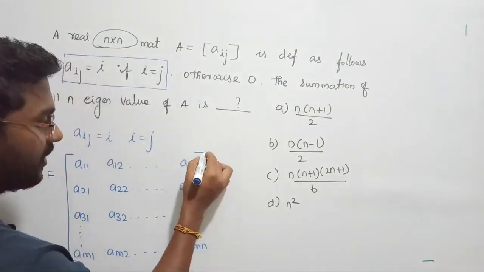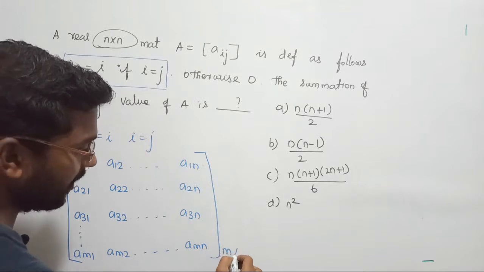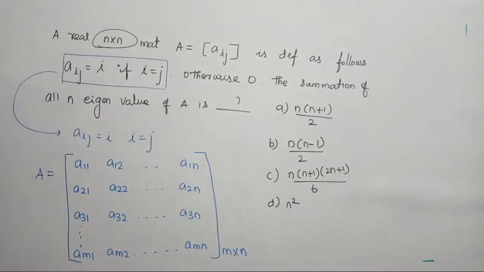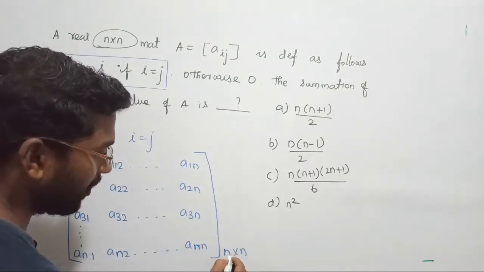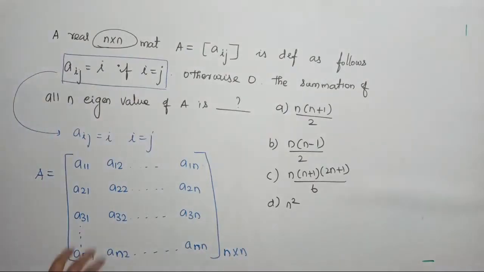This is the general representation of an m cross n non-square matrix. But in our case it is n cross n, so the last row value also becomes n, and the order becomes n cross n. This is the given matrix.